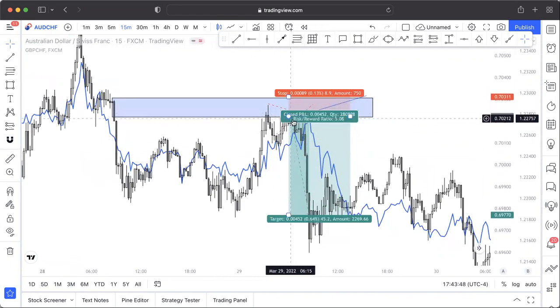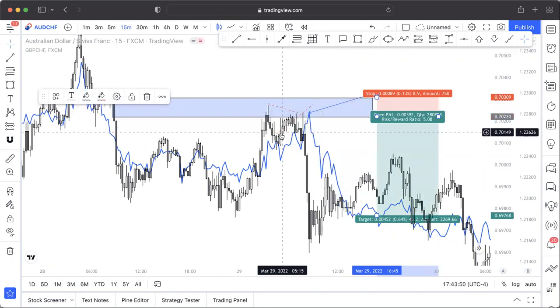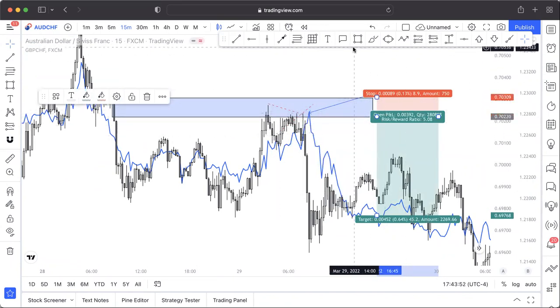See, so perfect example right there. So once you find the SMT, you would not have any doubts or any questions if this would be moving down. So once you see that, you can have the confidence to take this trade.